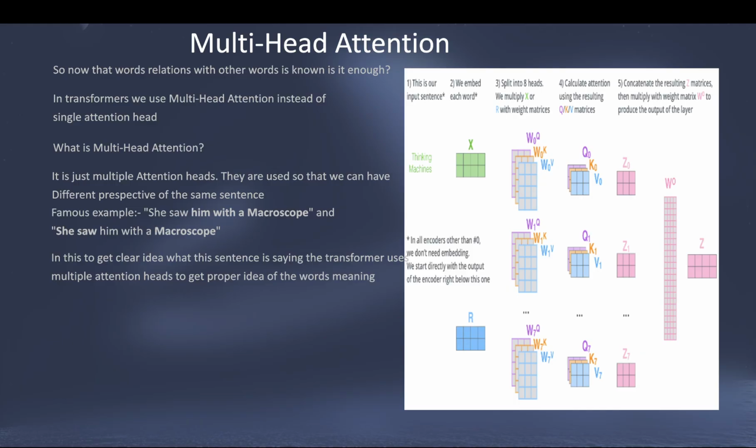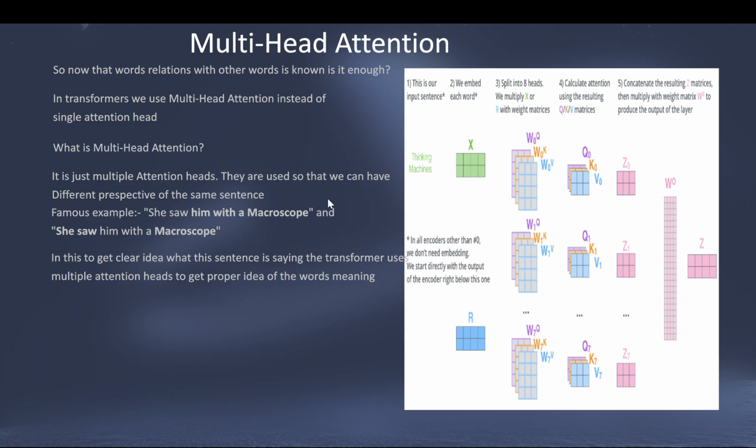And if you know the famous example, she saw him with the microscope. She saw him with the macroscope. Based on this highlighted part, we can understand that it will have different meaning based on who we are asking it to.